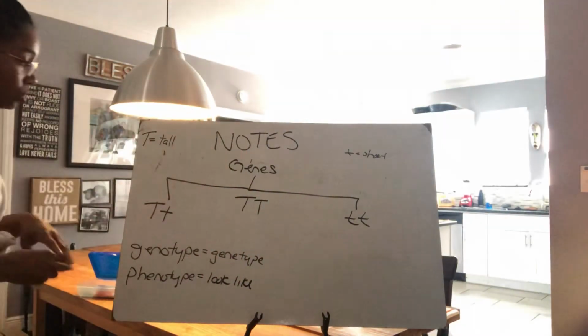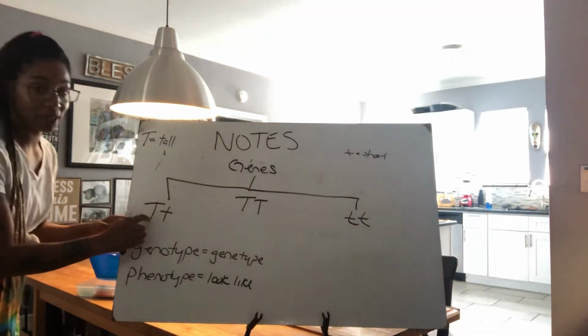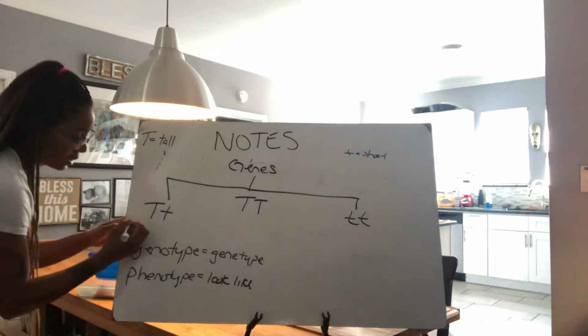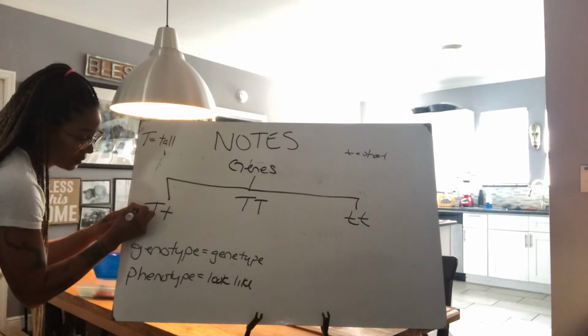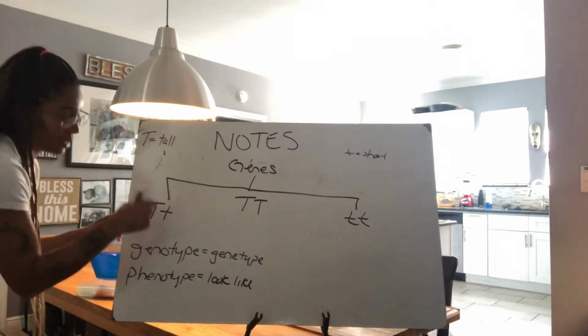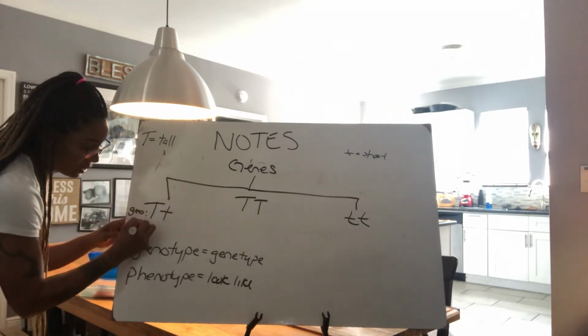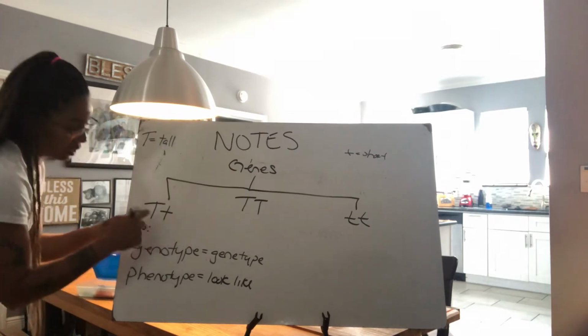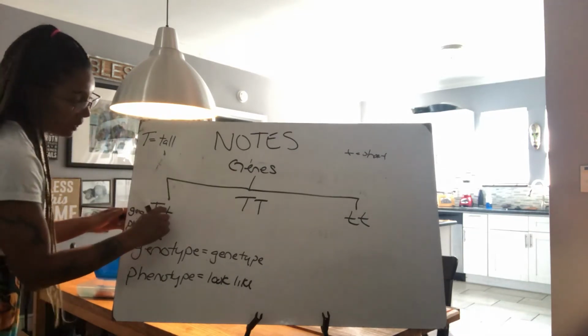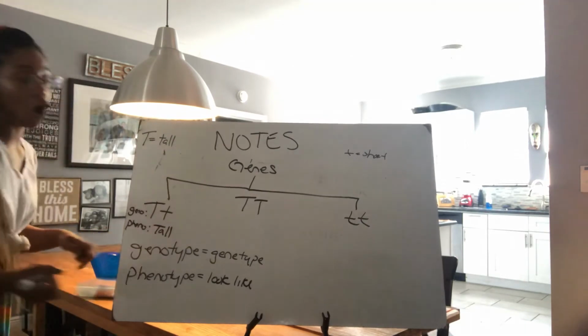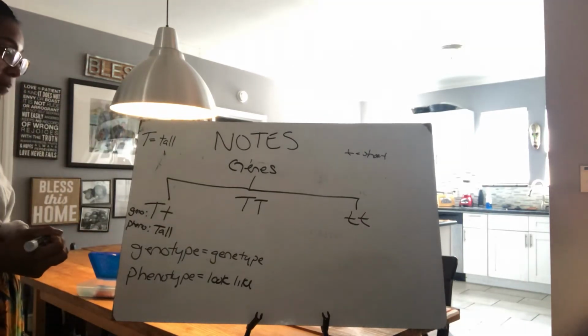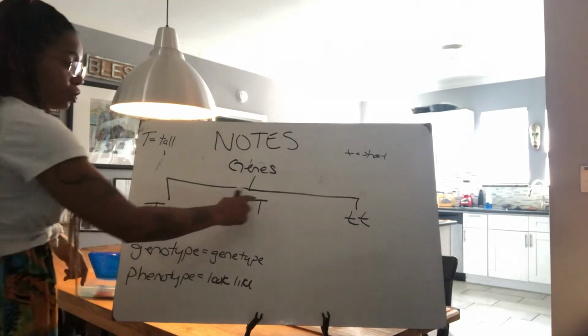So when we go back to our notes here, if we have big T, little t, that is the genotype. The phenotype that big T, little t is going to give me, because the big T is dominant, I'm going to get whatever that is. So big T is tall. Now over here I have two big T's.